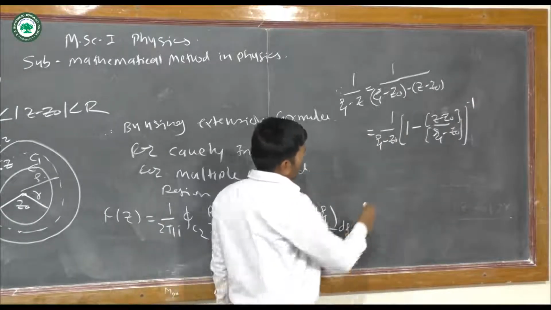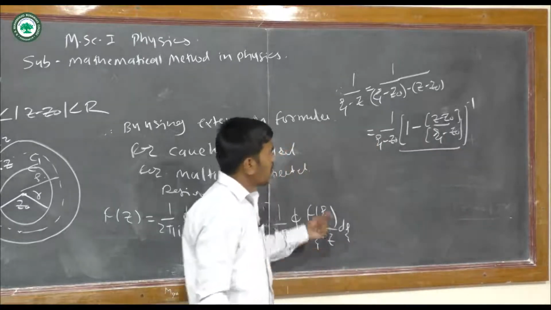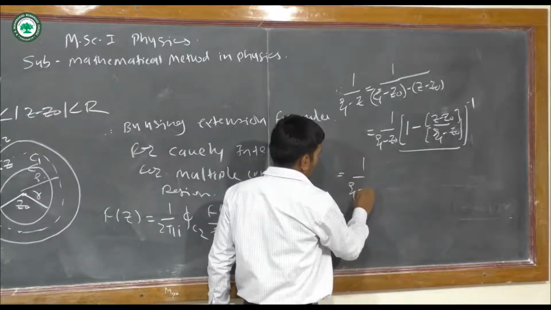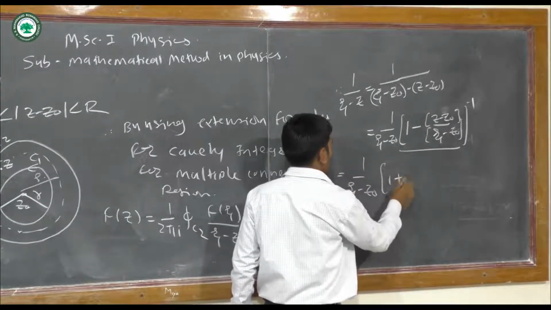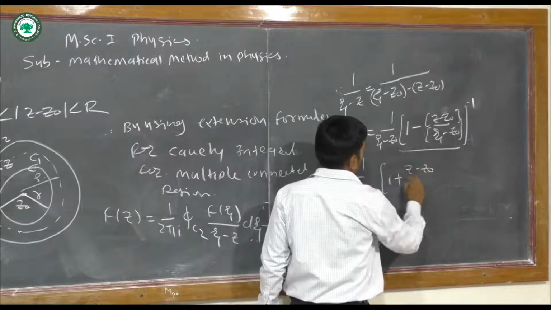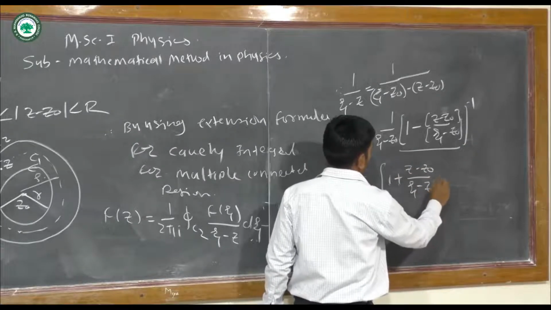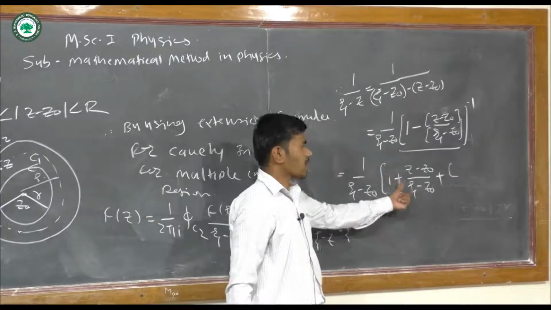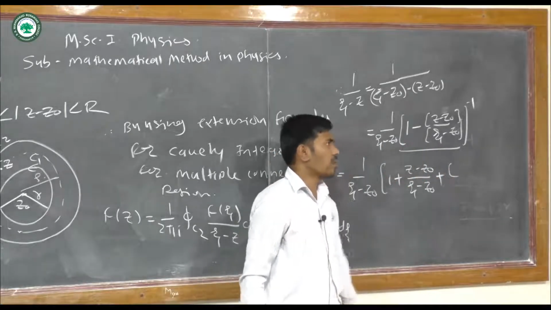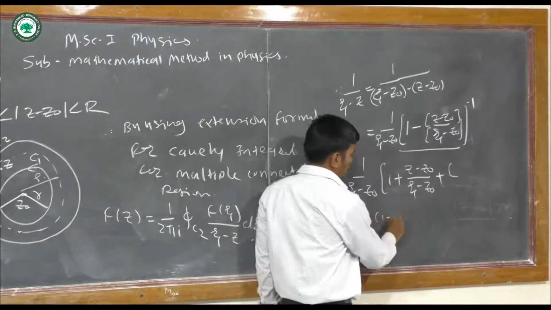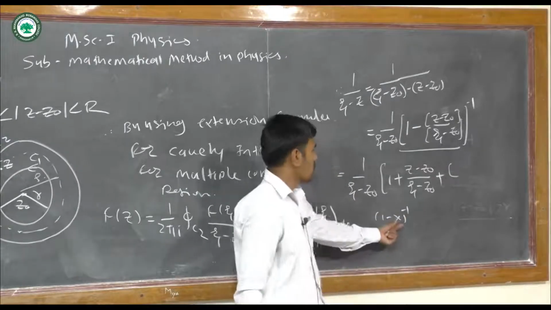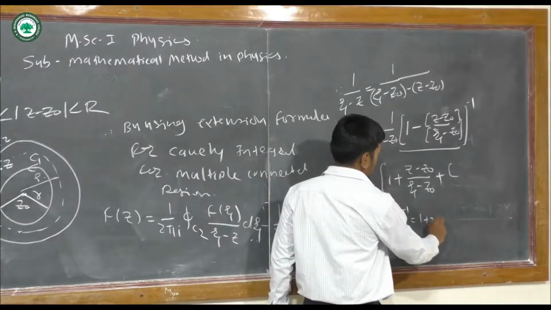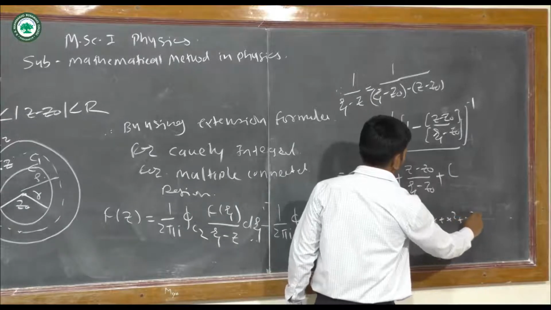Okay, so if I expand this by using the binomial theorem, we get 1 by (psi minus z naught) times 1 plus (z minus z naught) divided by (psi minus z naught), plus so on. By the binomial theorem, we know that (1 minus x) to the power minus 1 can be expanded like this: 1 plus x plus x square plus x cube and so on.